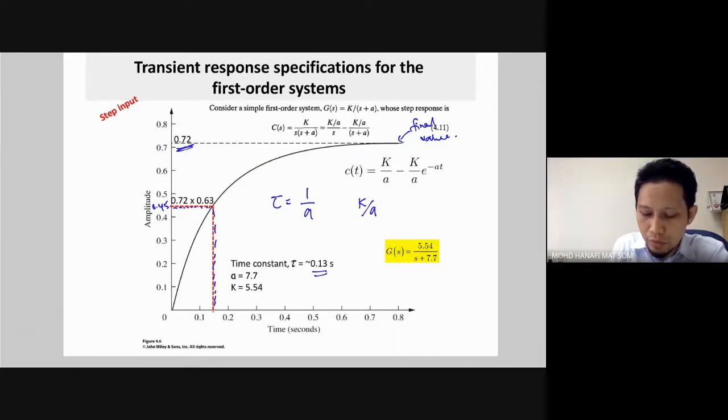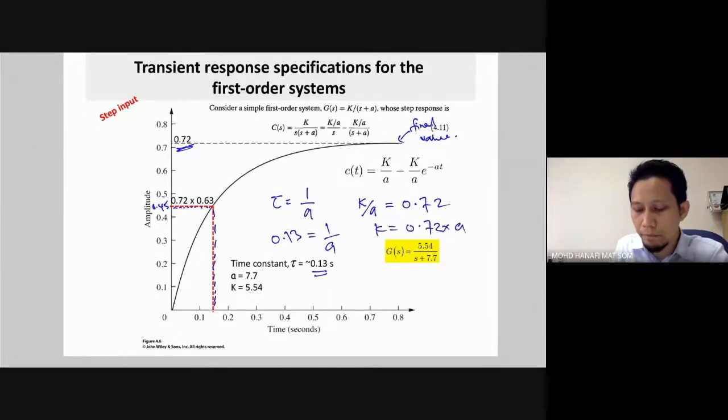So our tau is 0.13 equals 1 over a, so we can find the value of a. And then we can find the value of K, where K over a equals 0.72, so we multiply by a. What you get is the value of K equals 5.54, and the value of a is 7.7.